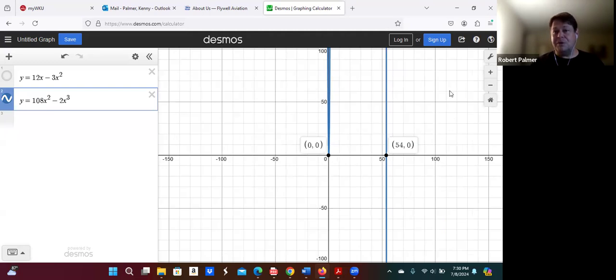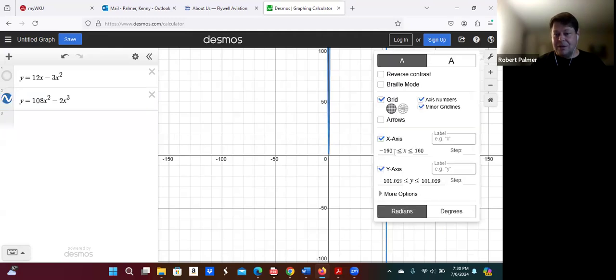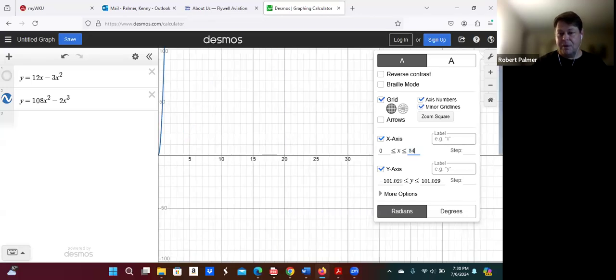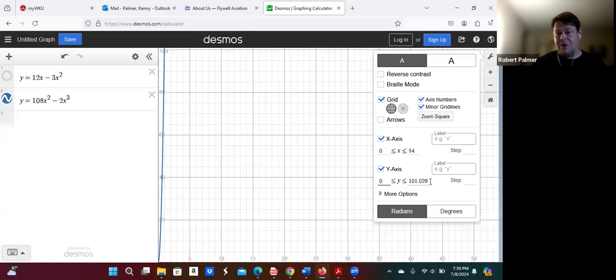What we're going to do is make an adjustment here. All right, so we can adjust our x and y axes. So x, let's say make it go from 0 to 60, so we can actually see the 54. Okay, and now y, let's make it go from 0. And remember, our maximum volume is quite high, so let's make it 50,000.